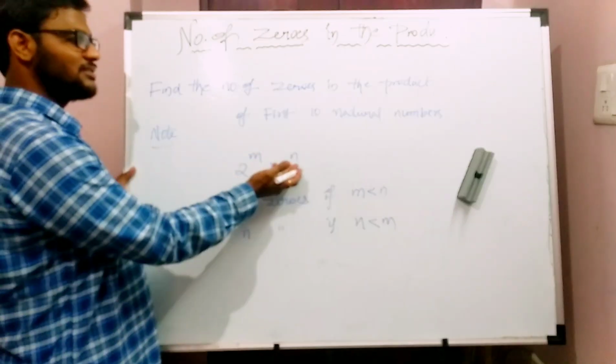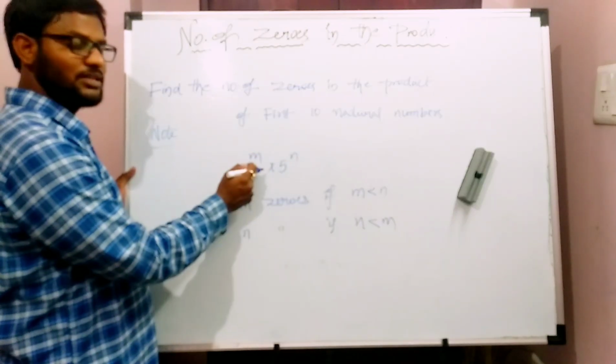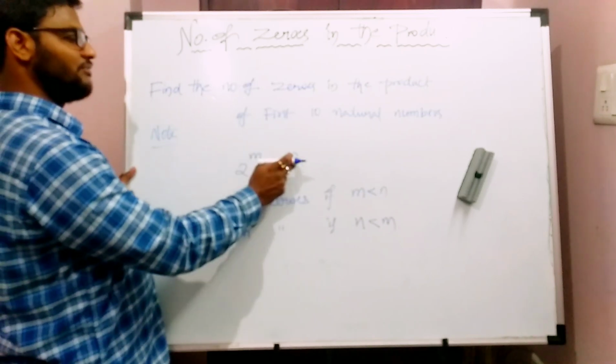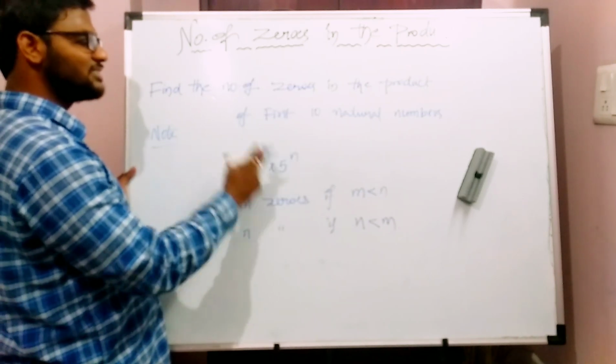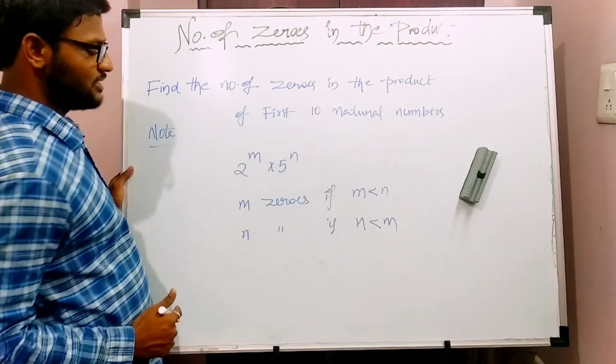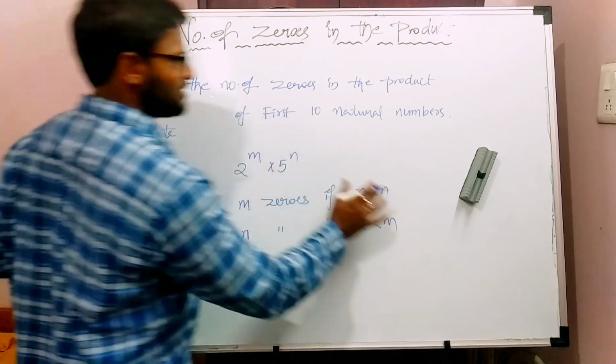If m is lesser than n, then this product ends with m zeros. If n is lesser than m, this product will end with n zeros. Okay, so this is a general form.